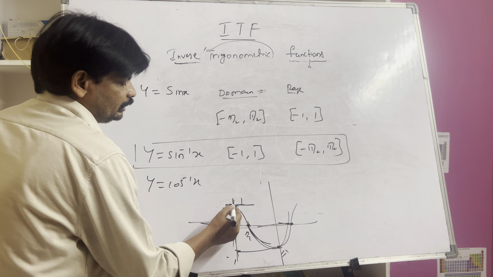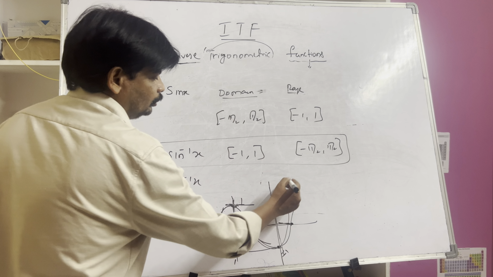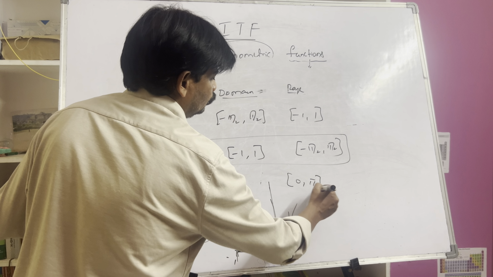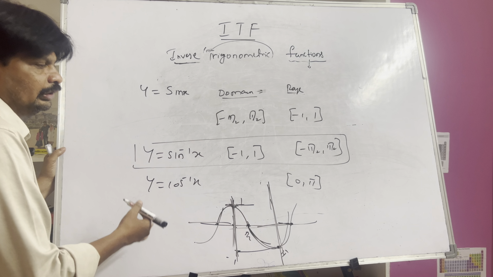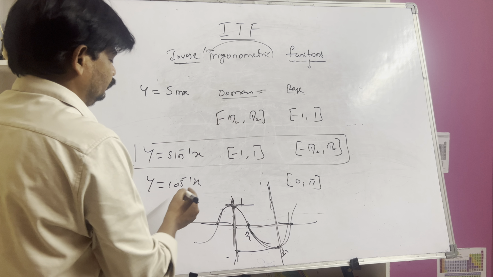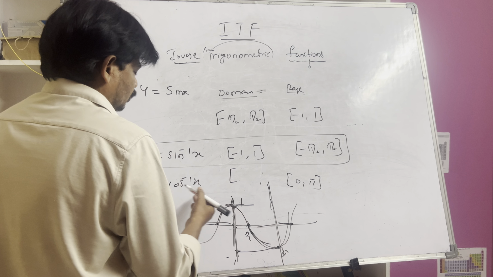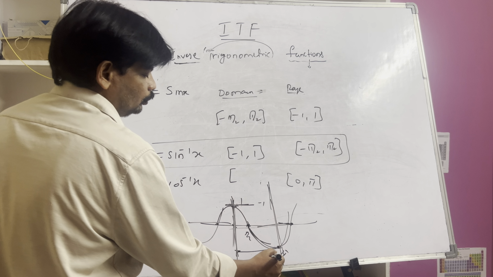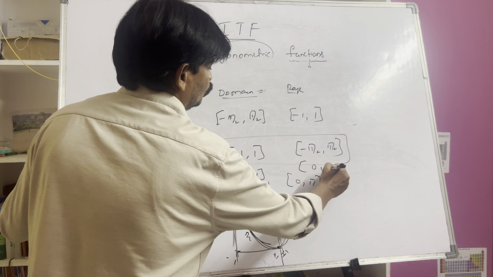We have to restrict the domain of cos x to the closed interval 0 to pi, then the function is bijective and its inverse exists. The cos range is also minus 1 to plus 1. So for cos inverse, the domain is minus 1 to 1 and the range becomes 0 to pi.